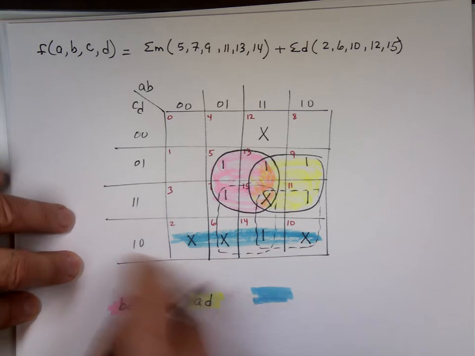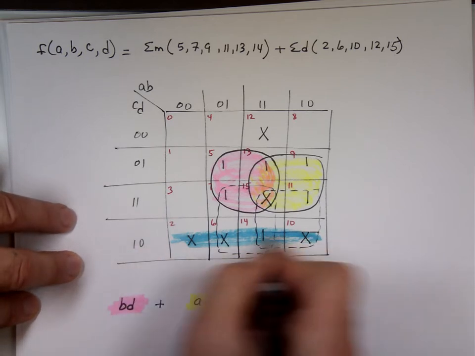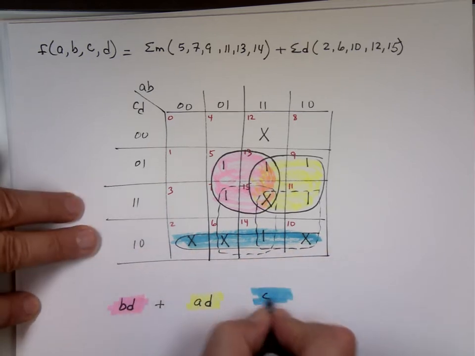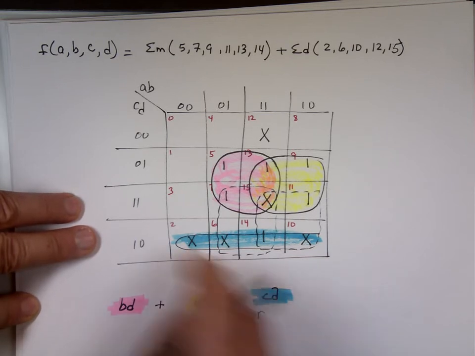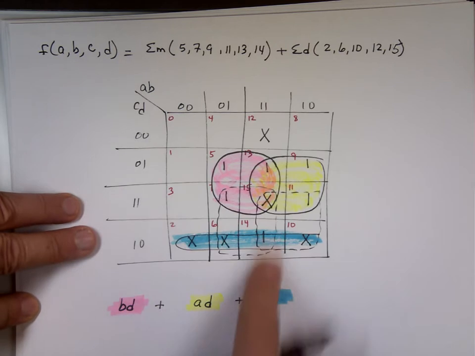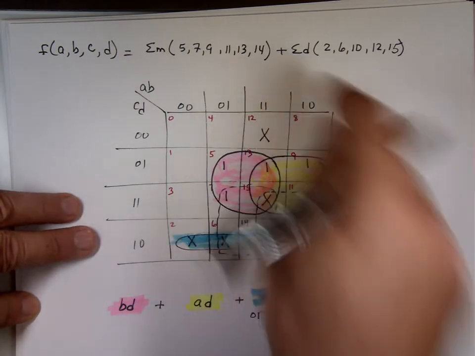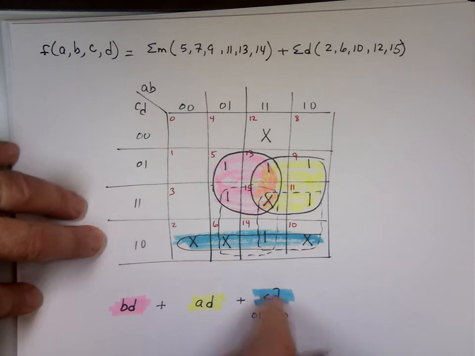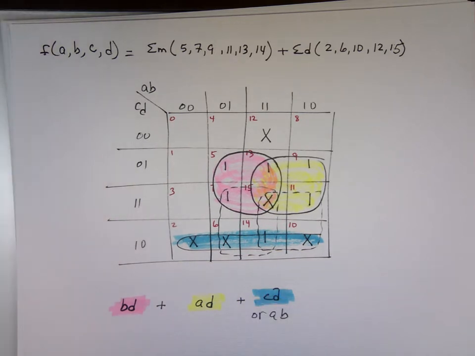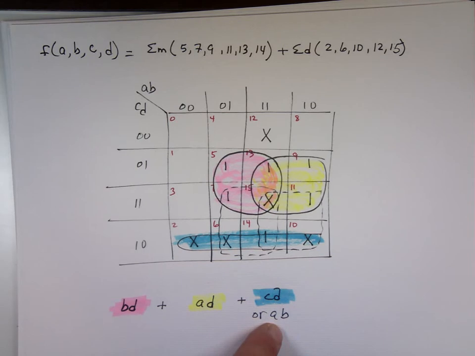If I take the blue one, C, D bar. But if you don't want to do it this way, you can do this up and down, which would just be A, B. See, I like A, B better than C, D bar. Why? Because I need to have a NOT gate. This I don't have to have a NOT gate.